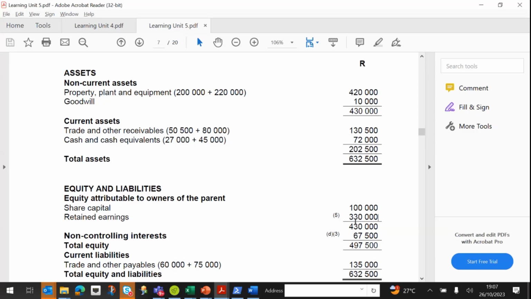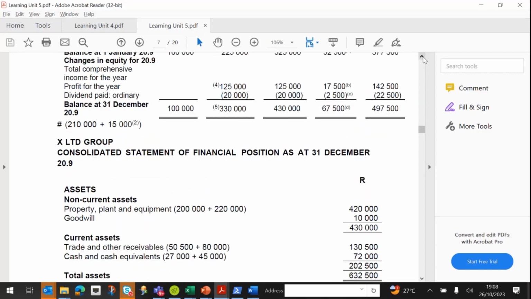That is, if the question does not ask you for the statement of changes in equity and just asks for the statement of financial position, for you to be able to get this number, to write the 330,000, you need to do a rough calculation. It is not part of the answer, but on your workings you need to know how to compute the retained earnings by doing a rough calculation of the statement of changes in equity.